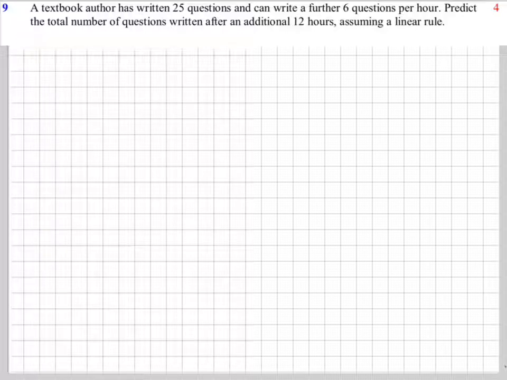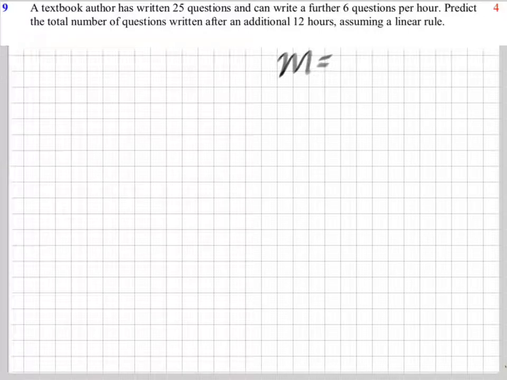For every hour there is a consistent increase: 6 questions for 1 hour, 12 questions for two hours, and so forth. My rate is increasing at 6 questions per hour.